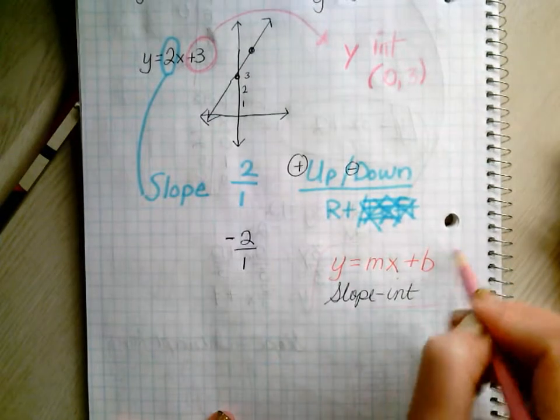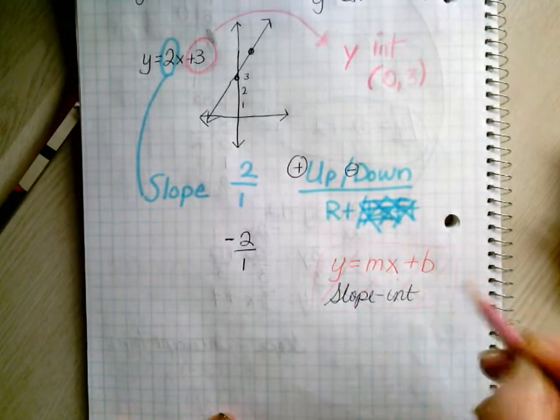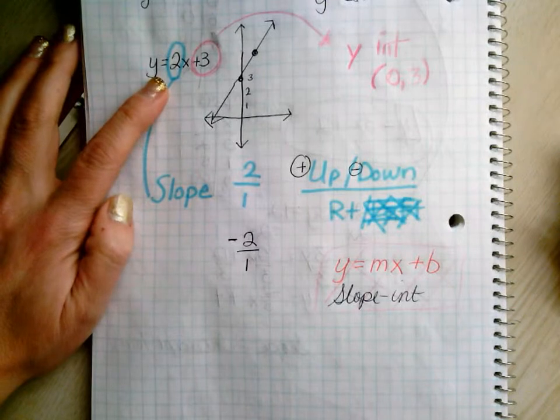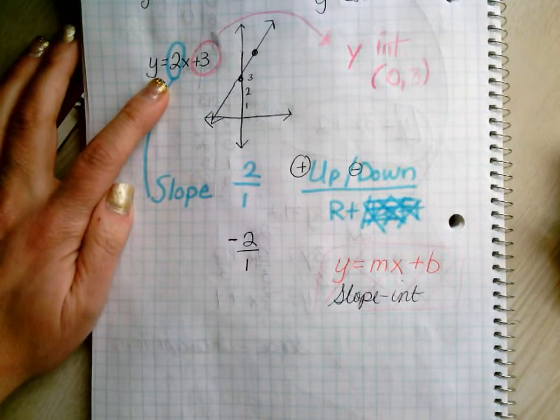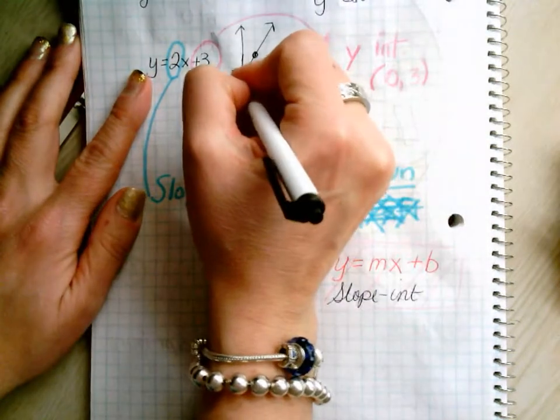Slope-intercept form. Now what does that do for you? Well, it allows you to graph a line without even looking for points, ever. Because you have the ability to create points. If you noticed when I wrote this, did I write any points anywhere? No. This is a 3, so I found my y-intercept.